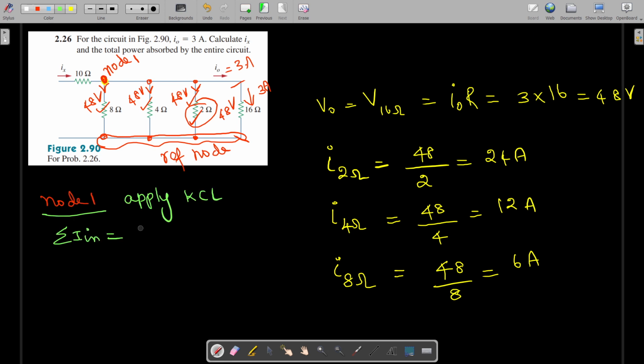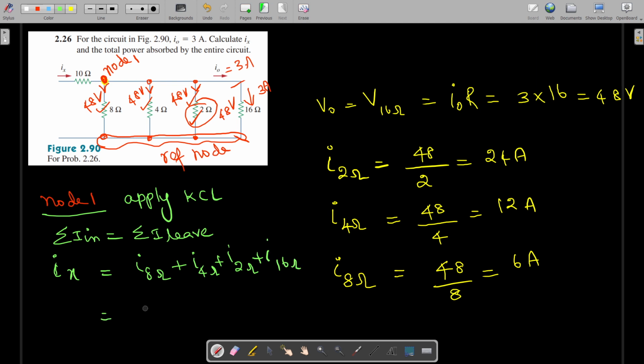It states that at a particular node, the sum of the incoming currents is equal to the sum of the leaving currents. So the incoming current is Ix, that is equal to the leaving currents: I through this 8 ohm plus I through this 4 ohm plus I through this 2 ohm resistance plus I through this 16 ohm resistance.